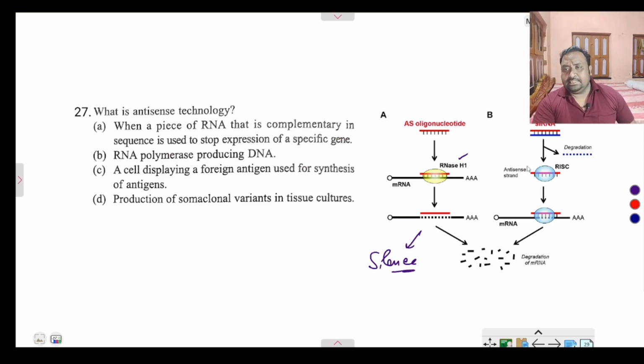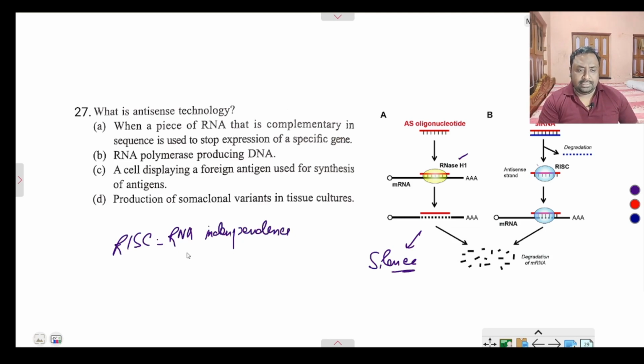Some small interfering RNA produces an antisense strand with the help of RISC. RISC means RNA-induced silencing complex. RNA-induced silencing complex silences the mRNA expression and degrades the mRNA.